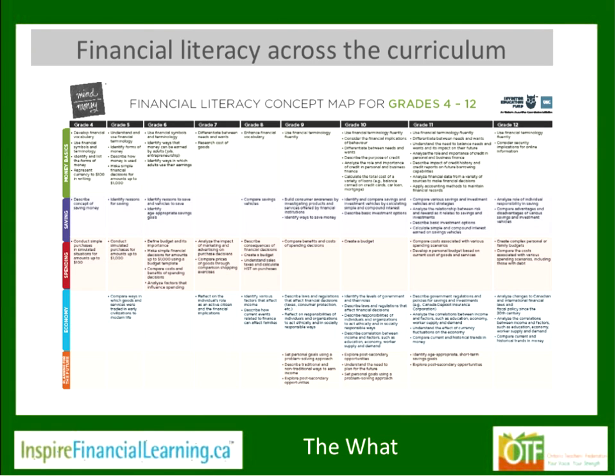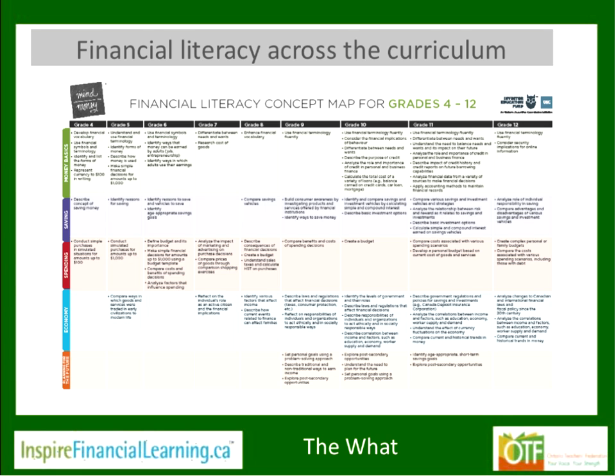I mentioned earlier on that there was a financial literacy concept map. This is available if you just click on that in the search box. You'll come up with that right away. And again, you may not see all the categories there. I wanted to give you the overview that it's all from grades 4 through 12.